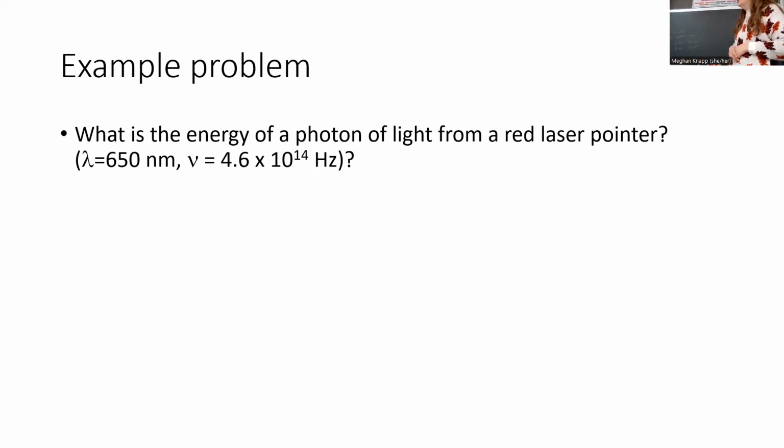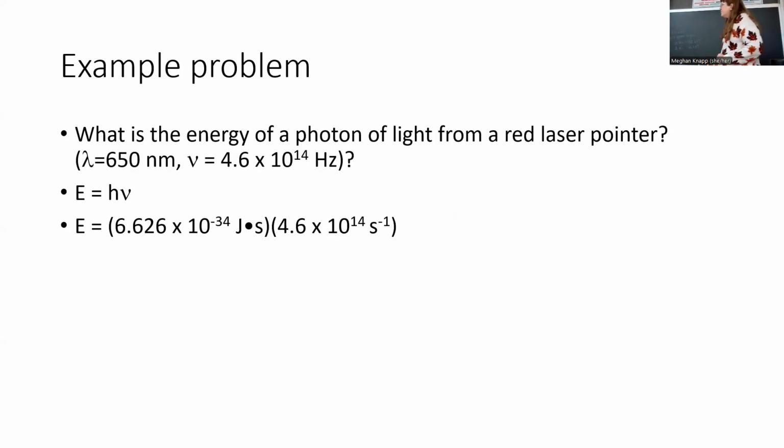But in this case, we know the frequency. So we're going to plug it into the equation E equals h nu. So remember, nu is that v-looking thing, and that's the frequency. h is written on the board over here, 6.626 times 10 to the negative 34. So those were the numbers we plugged in, and we ended up with 3.0 times 10 to the negative 19.